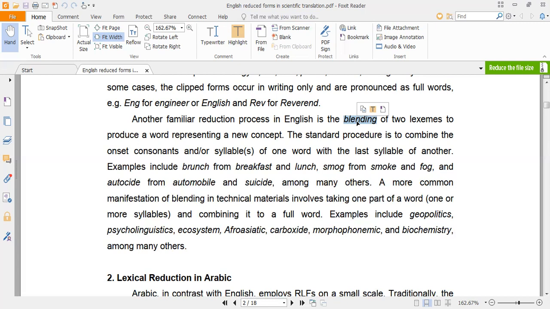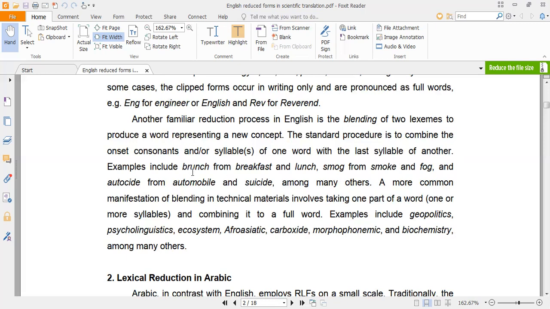We put these two parts together to introduce a new form. For example, smog is taken from smoke, the first part from smoke, the last part from fog, and they are put together and pronounced as a new word, smog.